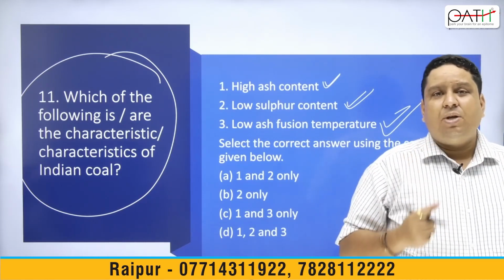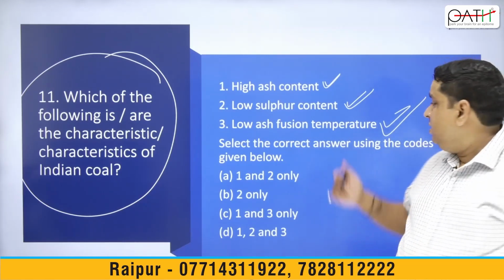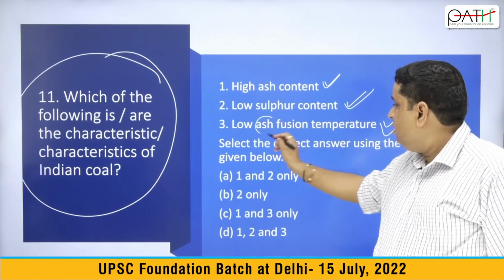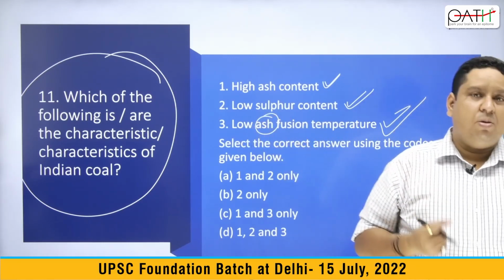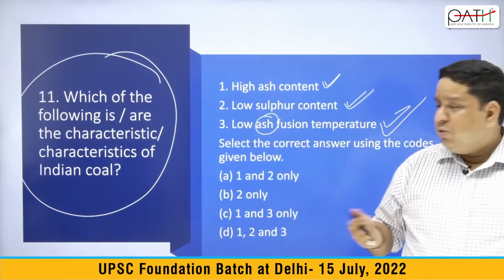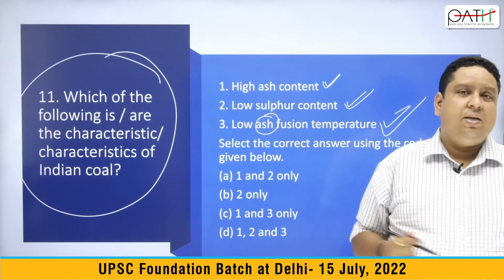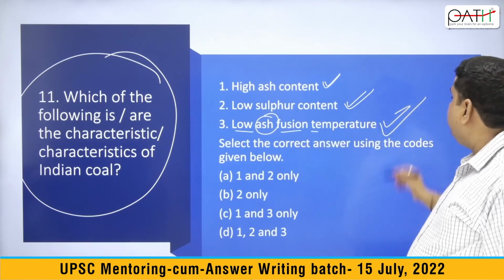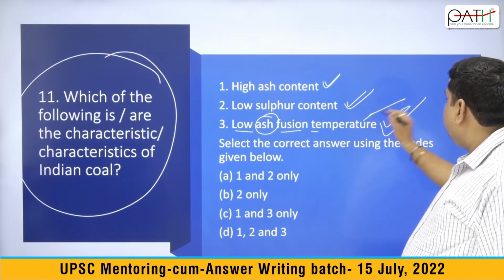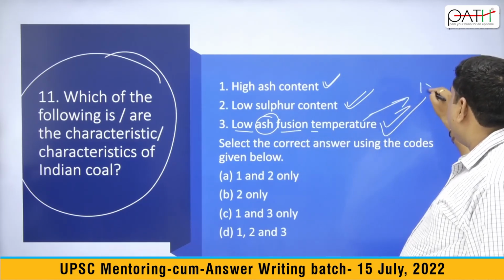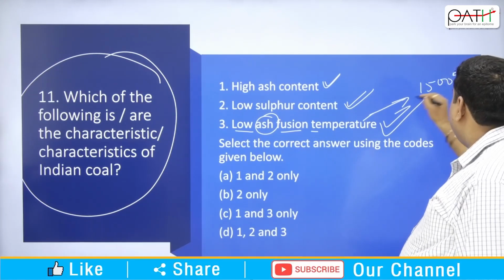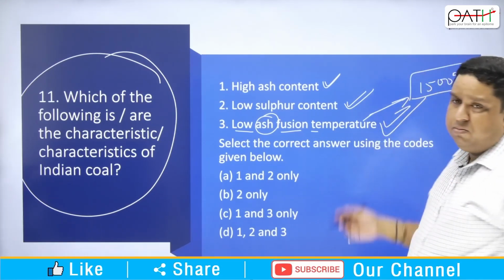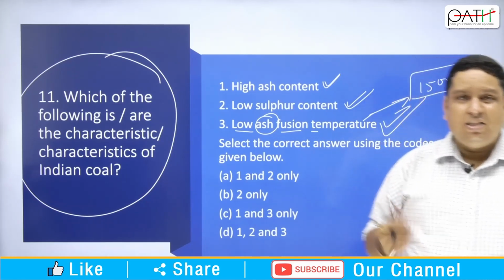Low ash fusion temperature means the temperature at which this ash will be melted into the liquid form, because ash will be in solid state, so it will be melted into the liquid state. So it is saying that it is having low ash fusion temperature, which is absolutely incorrect, because the temperature required is around 1500 degrees Celsius, and this temperature cannot be called a low temperature.